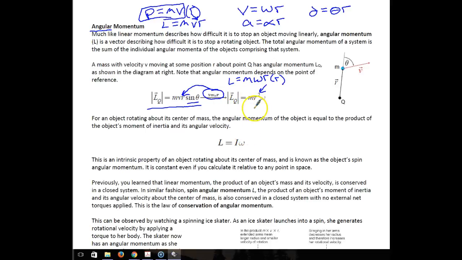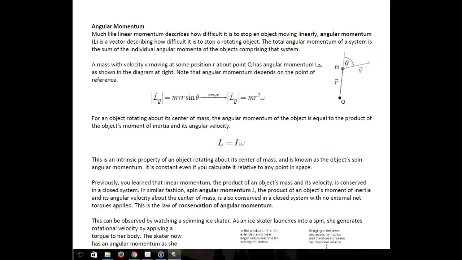There's one more, and if you remember, mr squared is actually the moment of inertia for a point particle. So that's mr squared. So now we can plug I in. So all three of these equations do the same thing. They just have different terms that they use for that. So that is angular momentum in a nutshell.